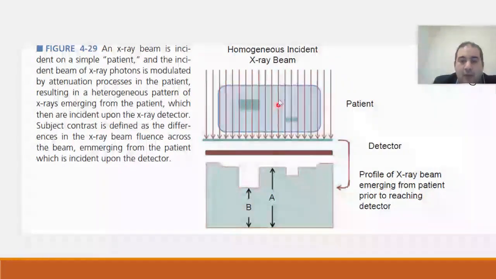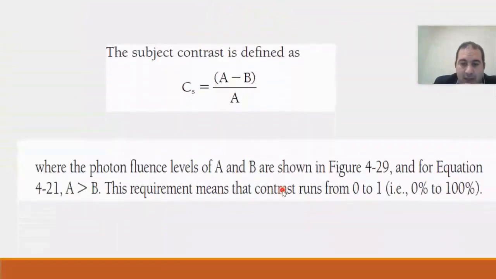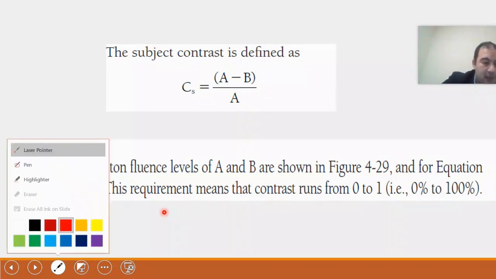For example, my object has caused absorption of light or other forms of energy, so the transmitted photons from it gave me a low measured signal, while the background did not cause any attenuation, thus giving me a high signal. The difference between these two signals, A and B, represents the visual contrast. The value you get, if you multiply it by 100, will give you the percentage of the contrast.